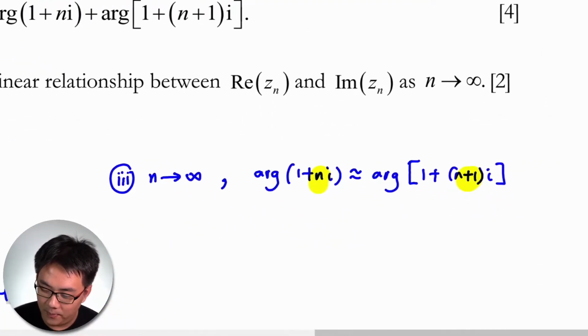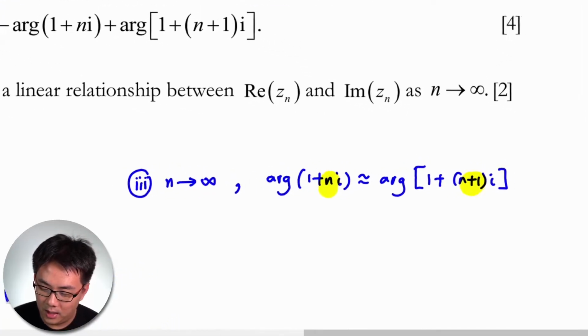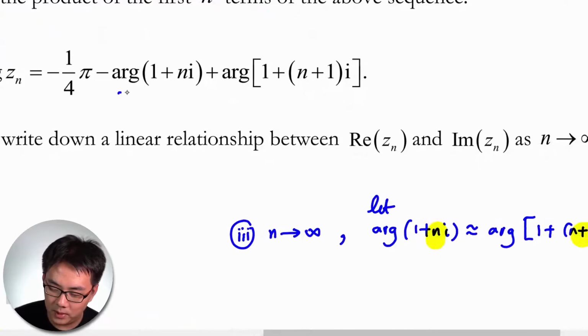Let this be some value. I'm not sure what value you want it to be. Let's say, okay, let this be theta. So in other words, this will be theta, and this will be theta as well.